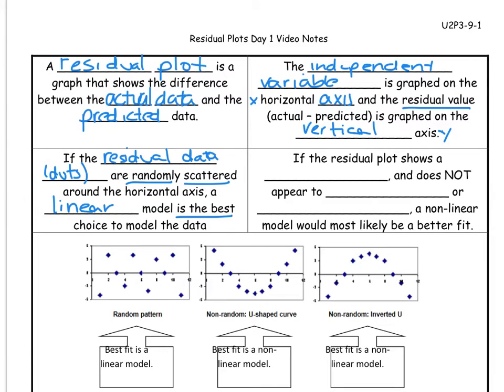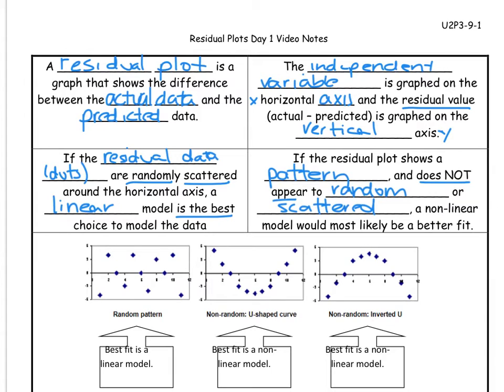If the dots show a pattern, and we'll take a look at those patterns down here, and do not appear to be random and scattered, then a nonlinear model would most likely be a better fit.